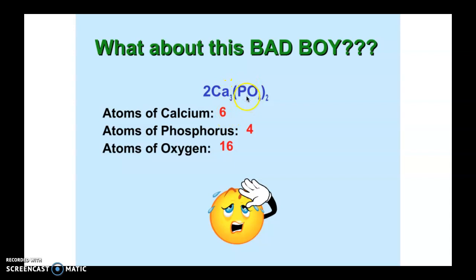There's only one phosphorus here. There's no coefficient, but I have to multiply it by this 2 subscript. So I have 2 phosphorus, but then I have to multiply that by 2 again because of the coefficient, which gives me a total of 4. Oxygen has a subscript of 4, multiplied by this 2 gives me 8, and then I multiply that whole thing by 2 again, and I get a total of 16.